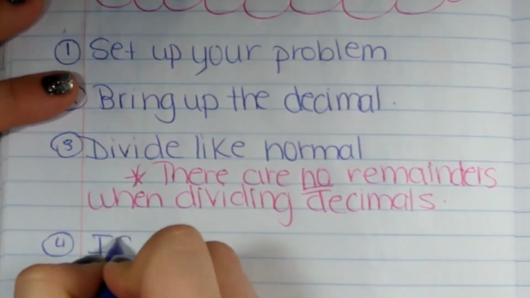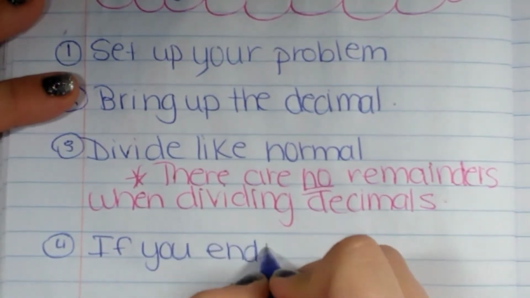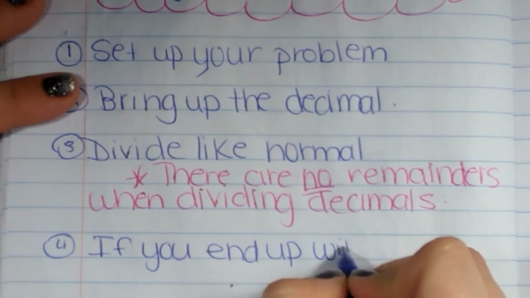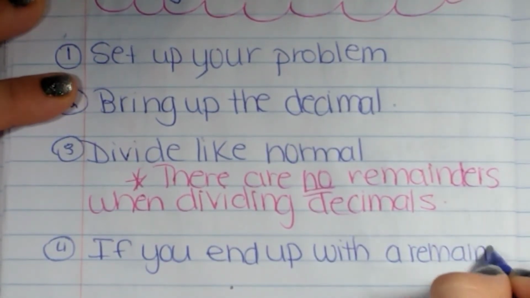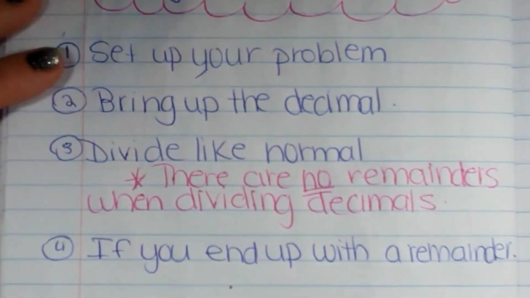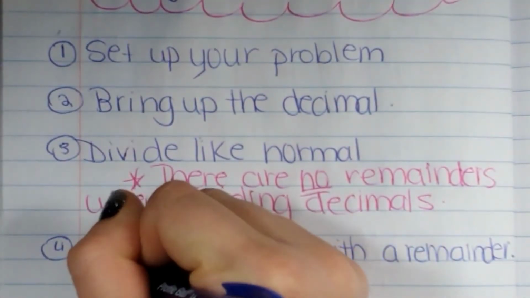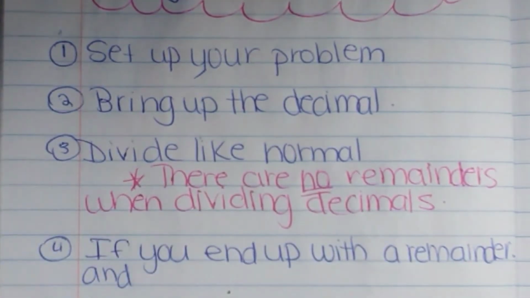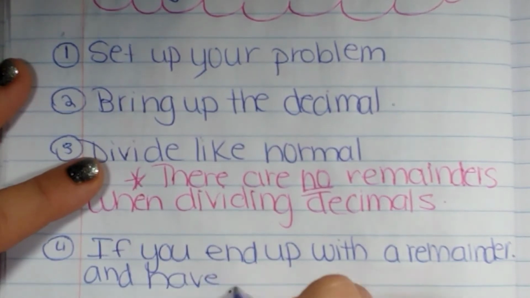If you end up with a remainder, we're going to talk about adding 0. If you end up with a remainder and have no more numbers to bring down, this is what you do.